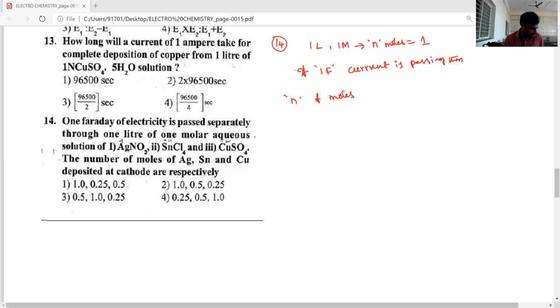The number of moles of metal deposited at the respective cathode is equal to the number of moles of solute divided by n factor, nothing but number of Faradays.